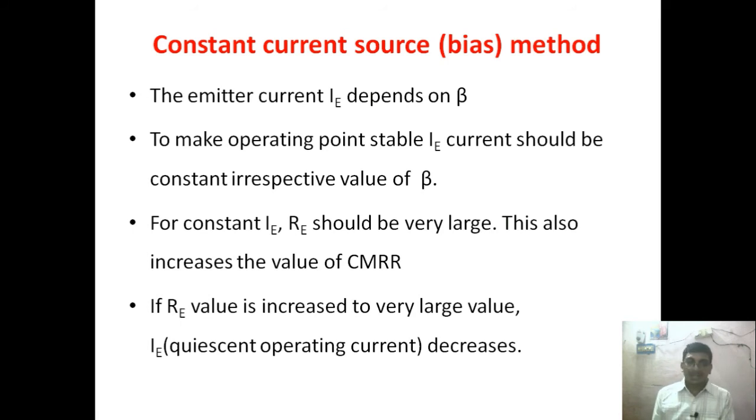So we cannot use a large value of RE to get a constant IE current. That is why we go for the constant current source bias method. In this we can virtually generate a very large value of RE instead of maintaining it as a resistor. Instead of a resistor RE, we use a constant current source, and that current source will offer a high value of resistance.